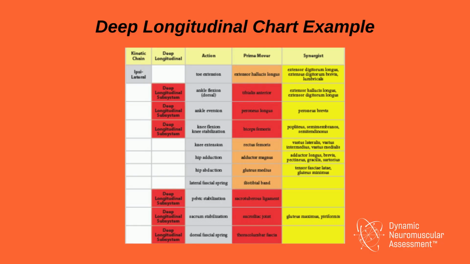And those compartments all have to work in synergy with each other. Now, how does that relate to integration? If we look at the kinetic chain charts, you see I have listed all the muscles that are acting as synergists together in a kinetic chain.